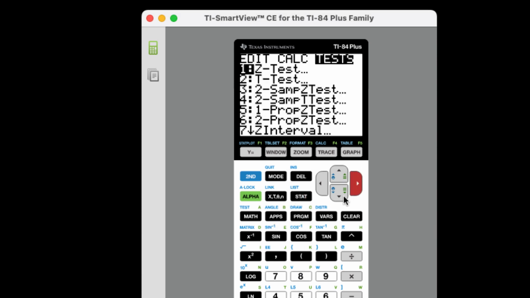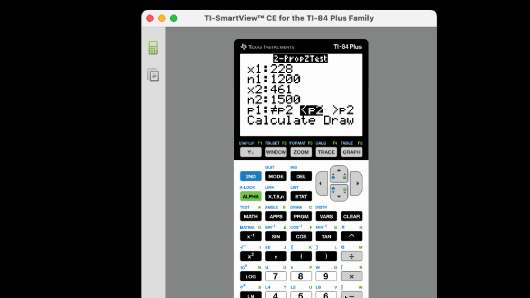Stat, Test, Two proportion Z-test. Okay. Successes: 285. Sample size: 321. Successes for the second group: 332. Sample size: 384. I forgot. What kind of test is this? See, I already forgot. Old man judge forgot. Was it a two-tail test? Okay, two-tail. Hit enter. And then hit calculate.